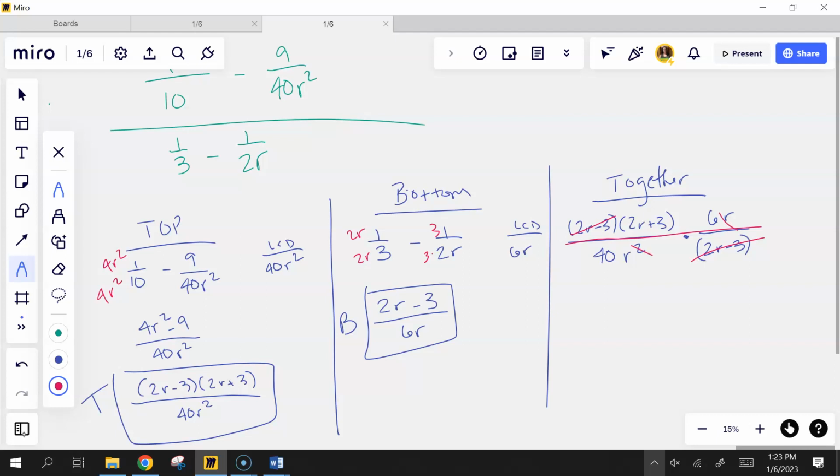I would definitely take out an r. And then 6 over 40 reduces to 3 over 20. 2 goes into both of them. So I end up with 3(2r plus 3) over 20r. Yes, I divided both of them by 2.